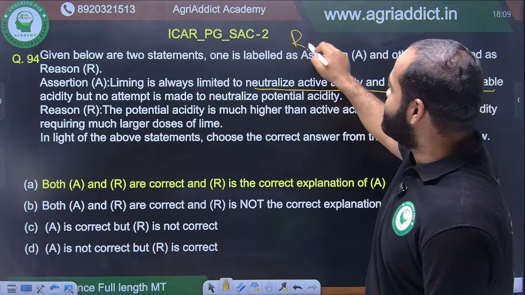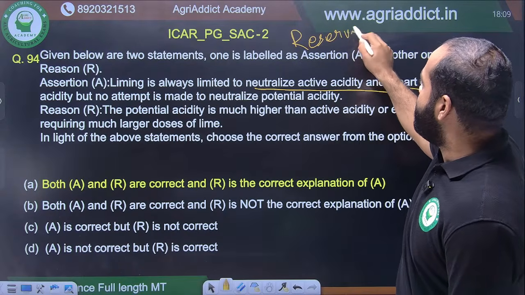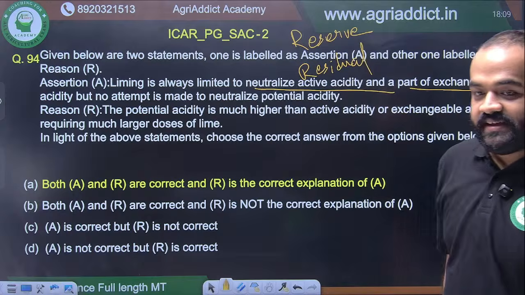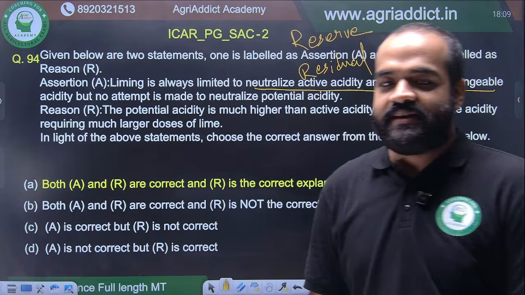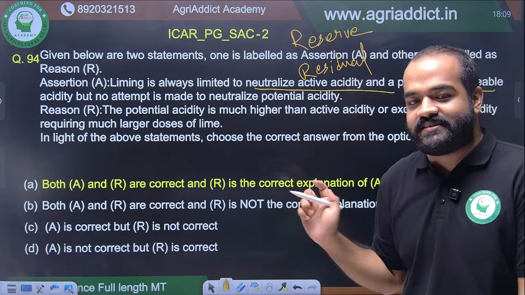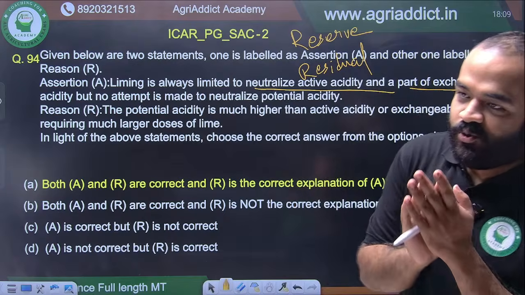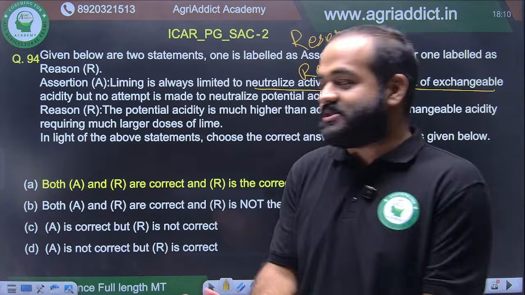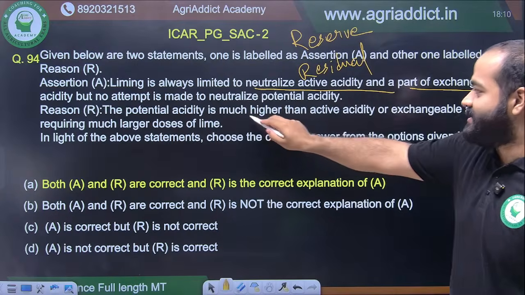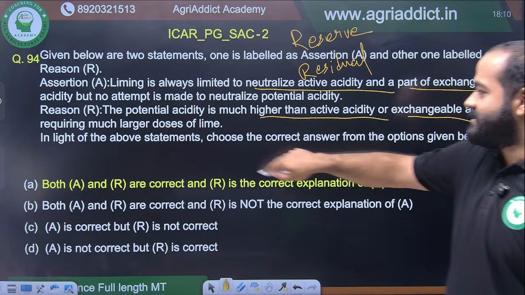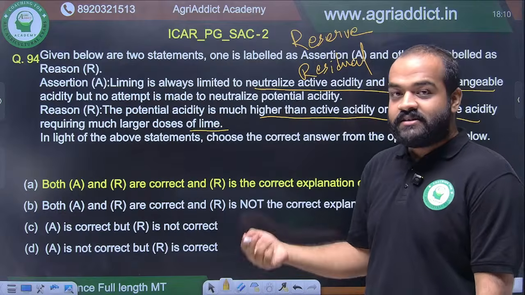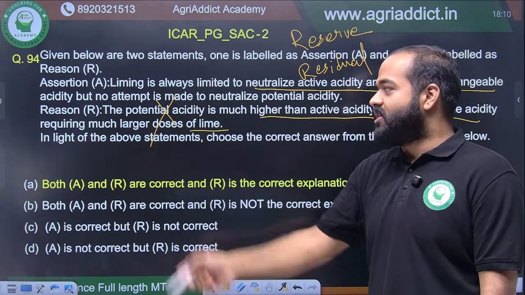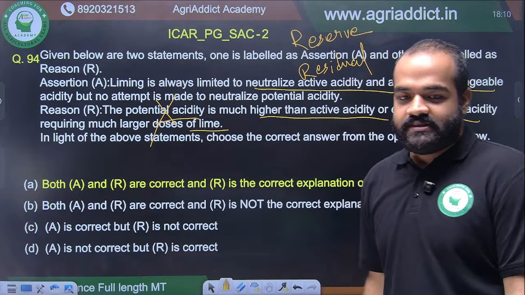Because अगर हम reserve या residual acidity को अगर हम लोग neutralize करने गए, तो the amount of lime that would be needed, that is huge and that is impossible for anyone to procure that much amount of lime. उसमें जो खर्चा होगा, that is unimaginable. That is why potential acidity is much higher than active acidity or exchangeable acidity, requiring much larger dosage of lime. So we do not make any effort to neutralize the potential acidity.